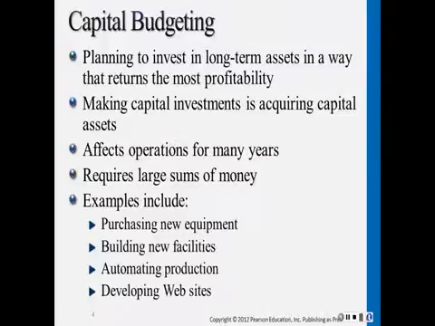Companies can make capital investments when they acquire capital assets. Those are assets used for a long period of time. Capital investments include buying new equipment, buying new plants, automating production, and developing major commercial websites. In addition to affecting operations for many years, capital investments usually require large sums of money.